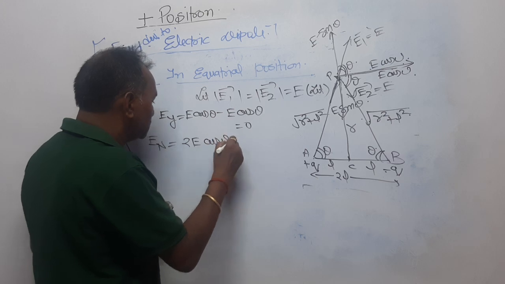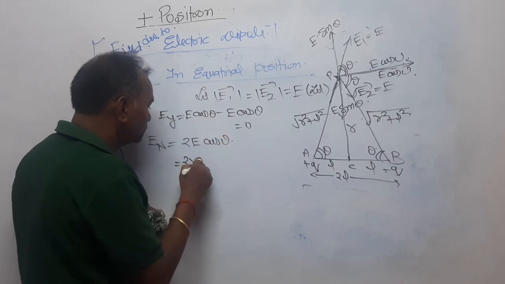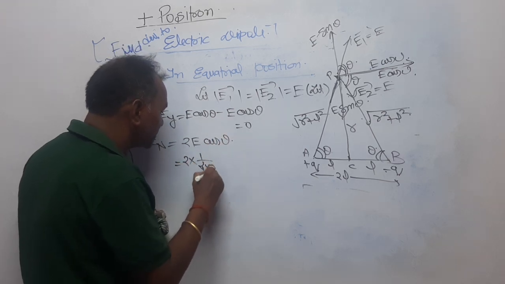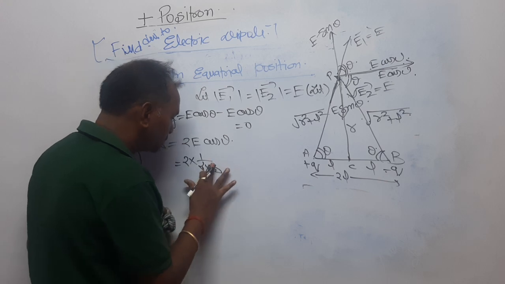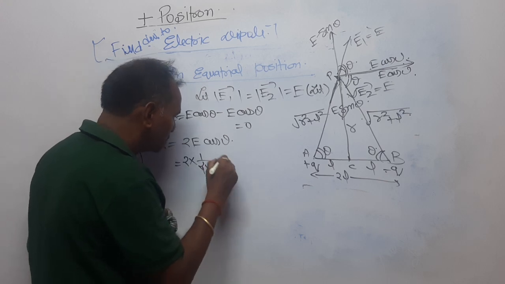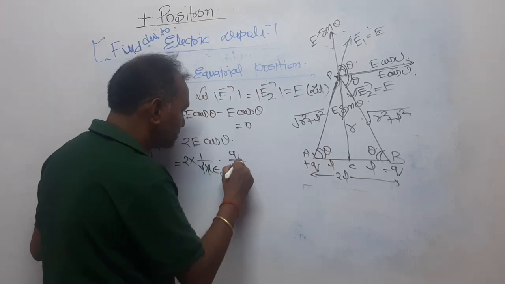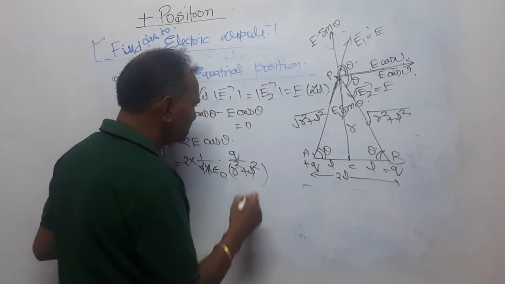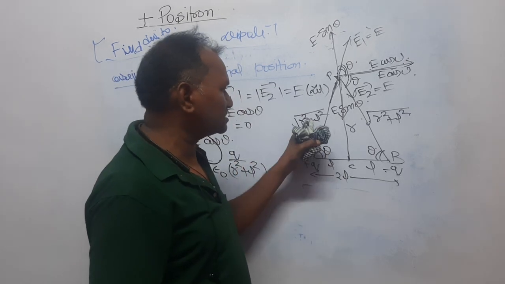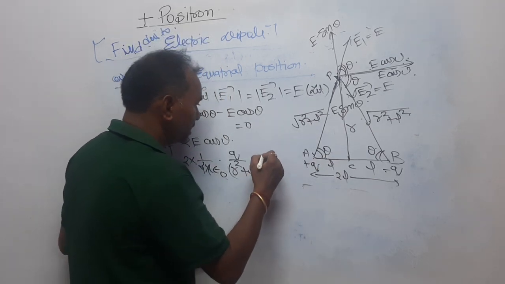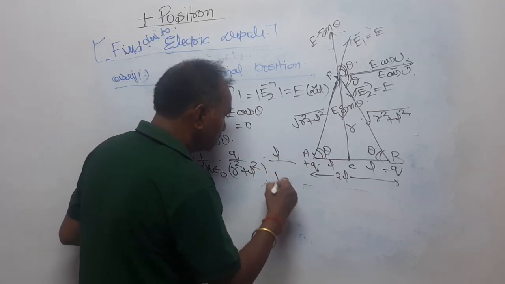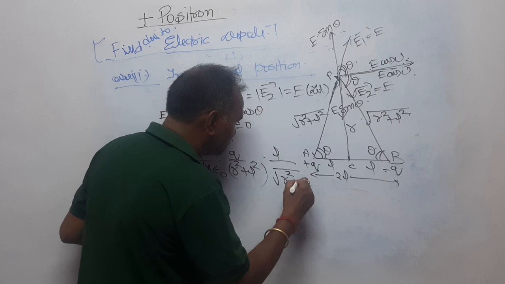Now what is E? It is 1 upon 4 pi epsilon naught Q upon the square of that much, that is R square plus L square. Now dear student, cos theta is base upon hypotenuse, so L upon square root R square plus L square.